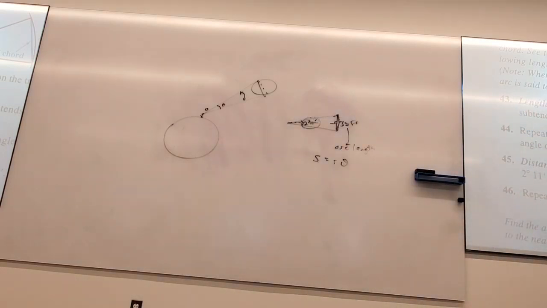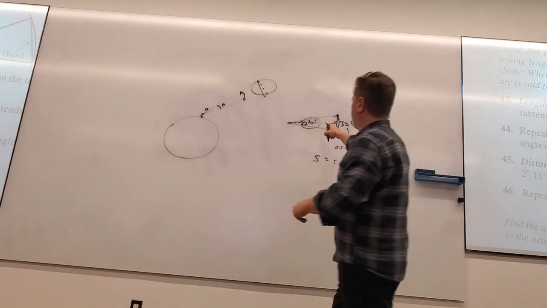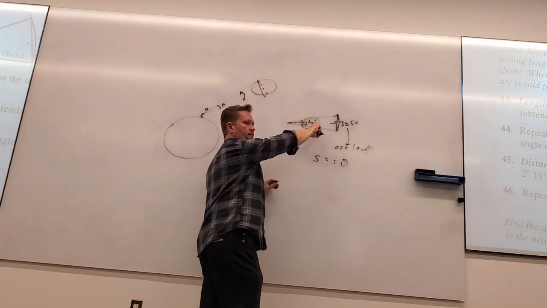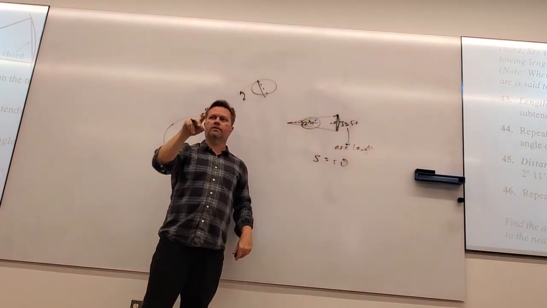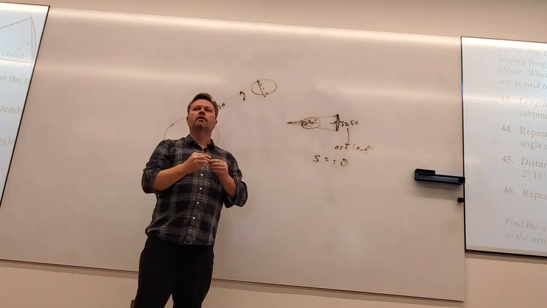How do I put 2 degrees and 11 minutes into the calculator and turn it into radians? Do we know how to change degrees to radians? Do I have purely degrees here? No. Do we know how to change degrees and minutes to degrees? Divide 11 by 60.